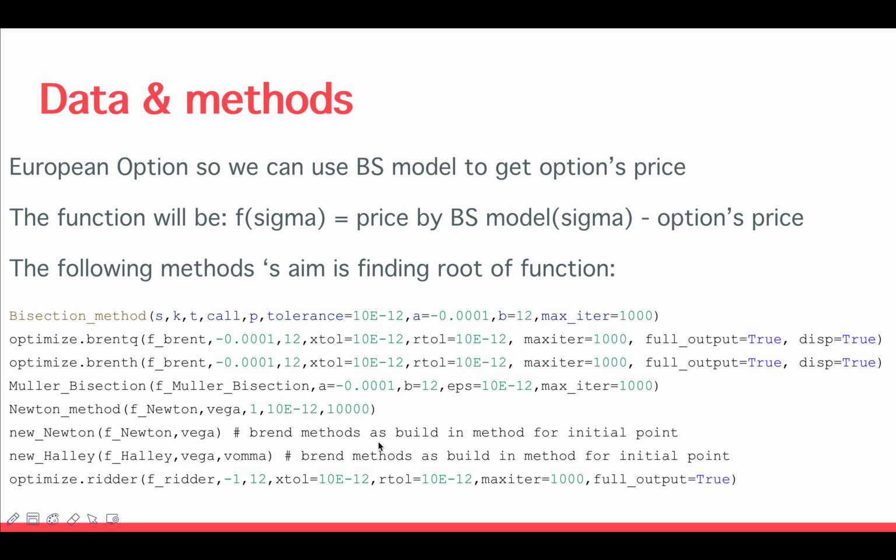For the following methods, the function is the Black-Scholes model minus the option price, and we want to find this function's root. All these 10 methods are math methods to find the root, not machine learning.